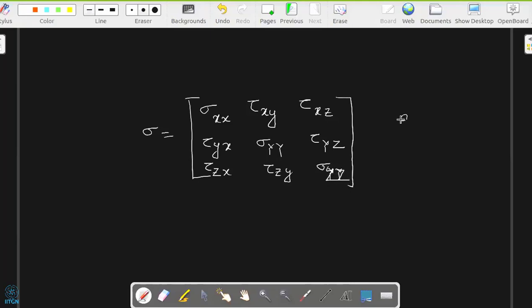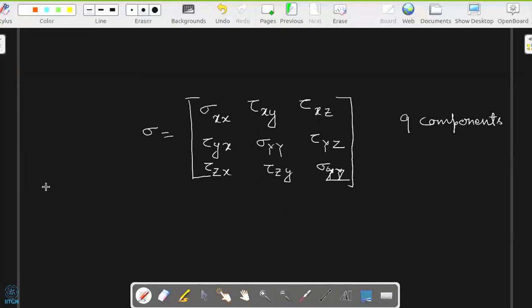So we have these 9 components of a stress. If you remember, for a vector we have 3 components along the x, y, z axes. But in case of a stress, we have 9 components.